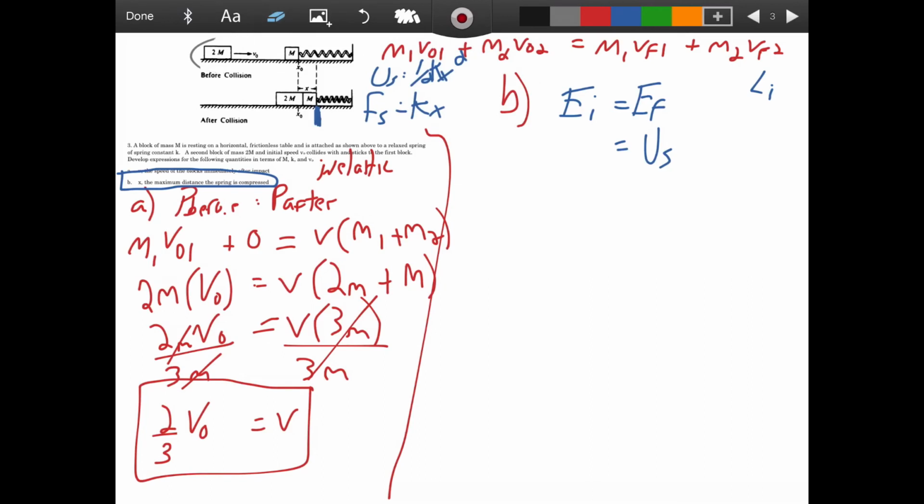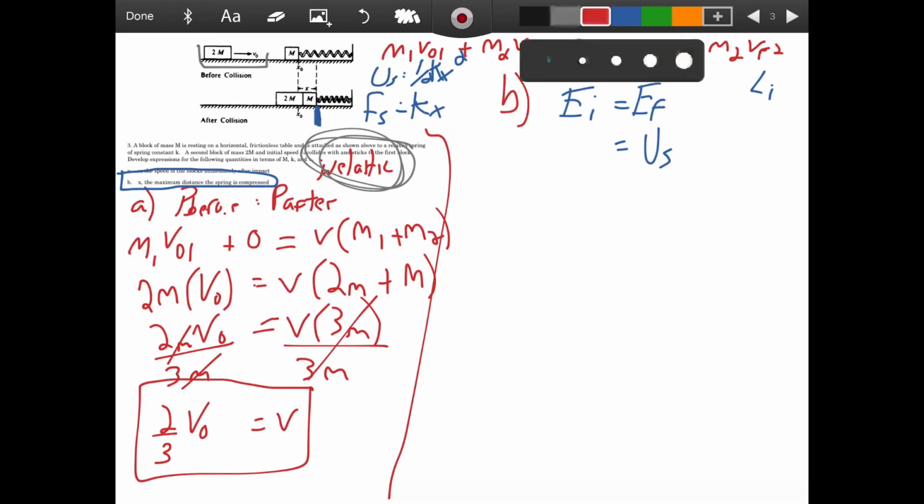We can't use the kinetic energy that it has at the start, because in an inelastic collision, kinetic energy is not conserved. Therefore, we have to use the kinetic energy right when it first collides, so at this point. So initially we have kinetic, and that's converted into potential.